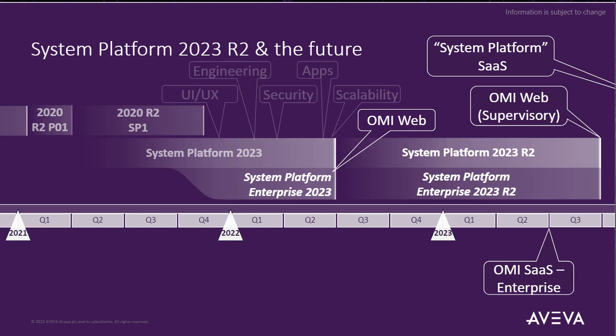We want to be able to move a platform into cloud that will definitely at first serve our enterprise customers, but also maybe for the more adventurous of us, we might start seeing SCADA in the cloud, probably for less risky business. But I do think that we're going to see something like that.